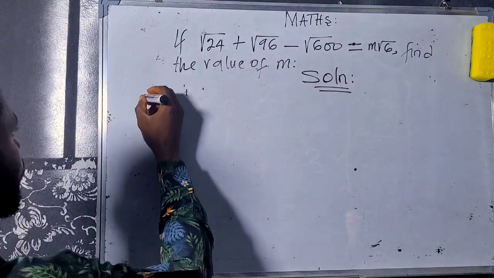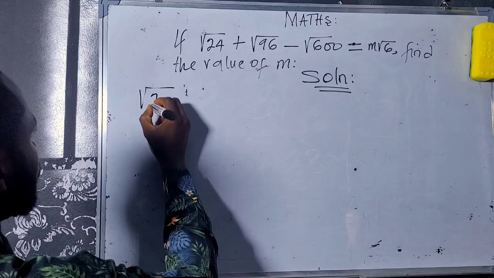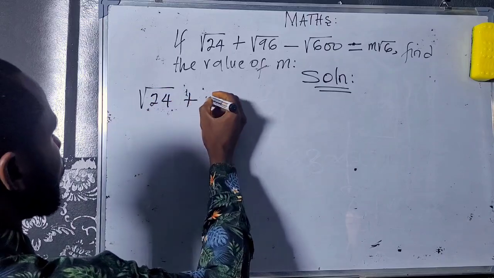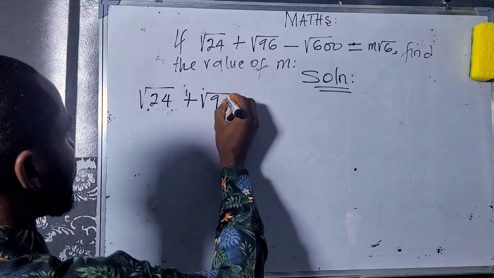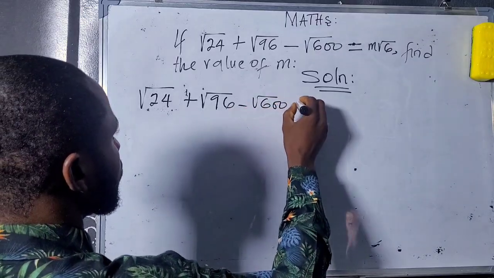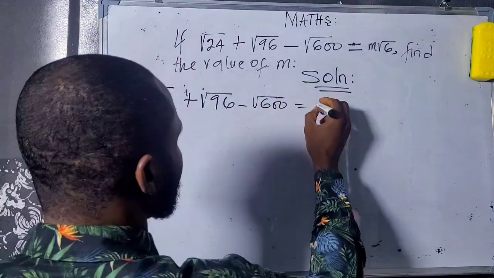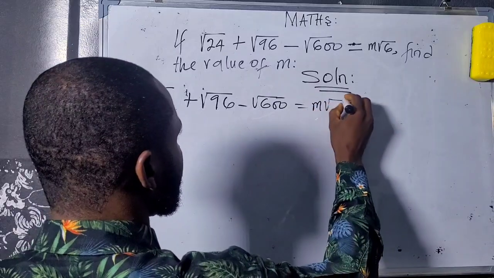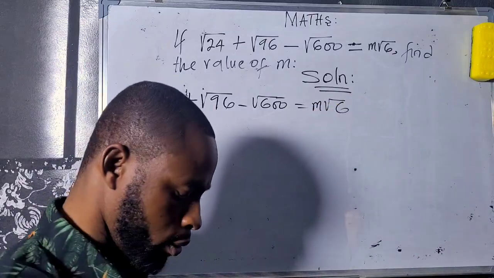I come down here with the question: root 24 plus root 96 minus root 600 equals m root 6.